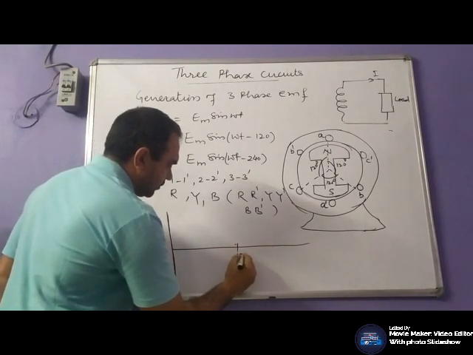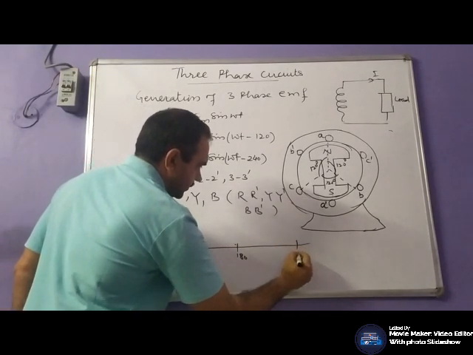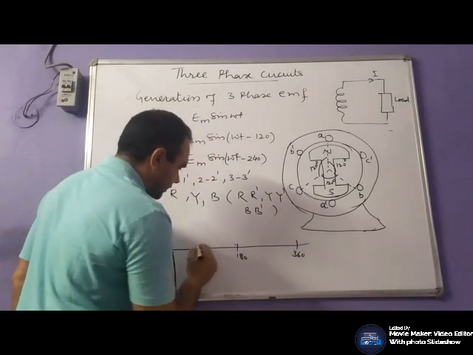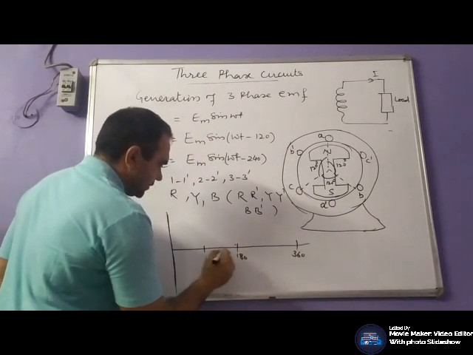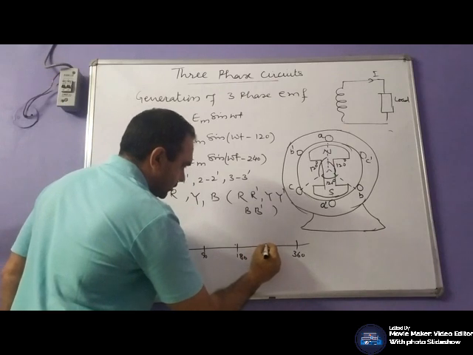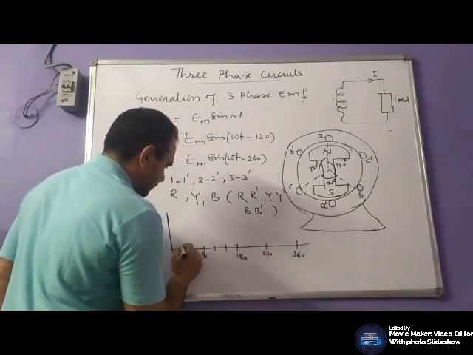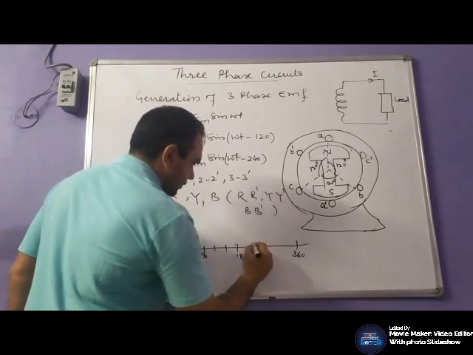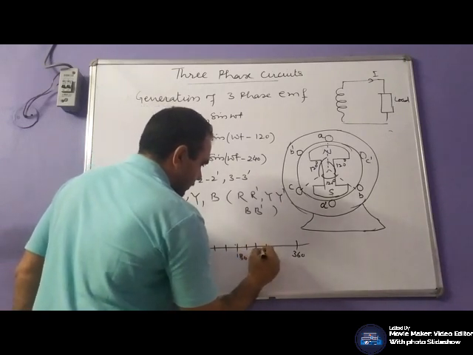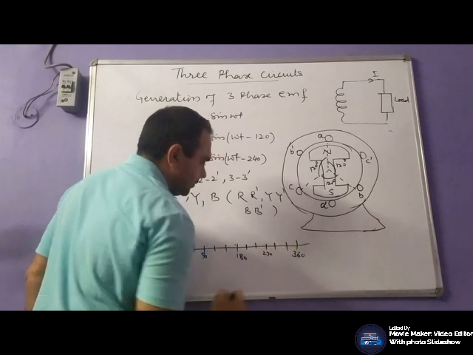For better representation, divide these coils at 90 degrees and 270 degrees, and further divide into two halves. You can easily represent it in a better way.